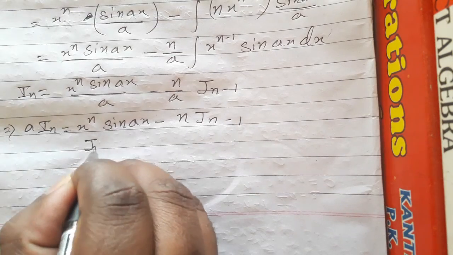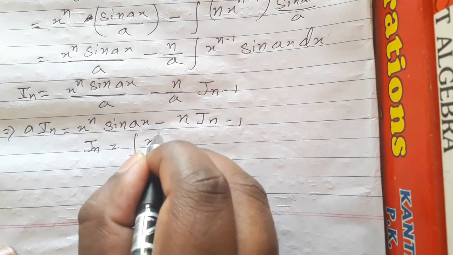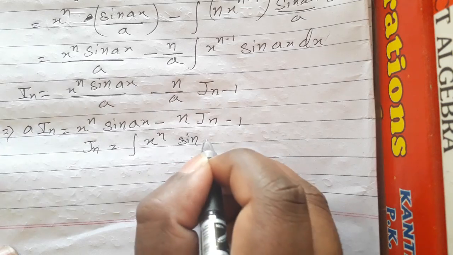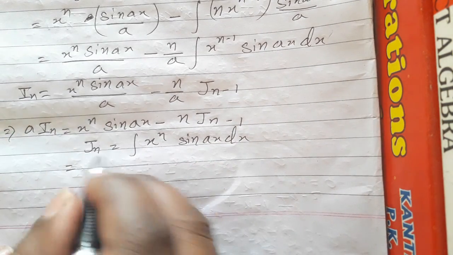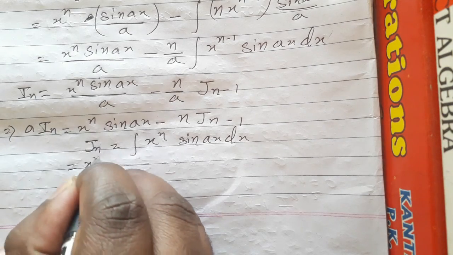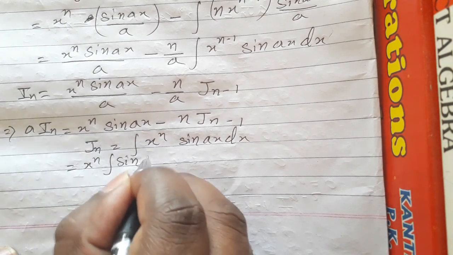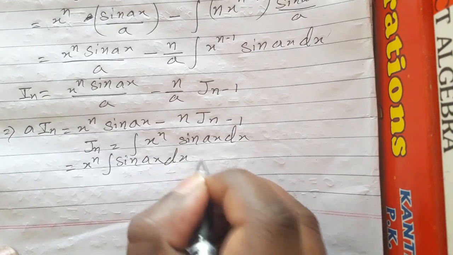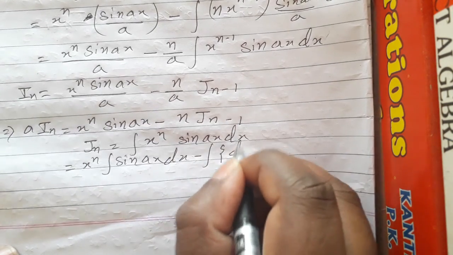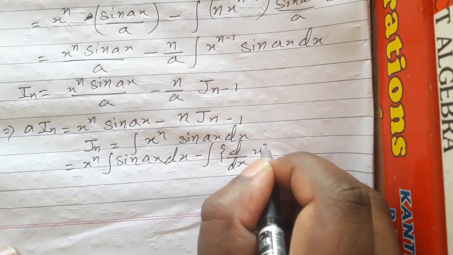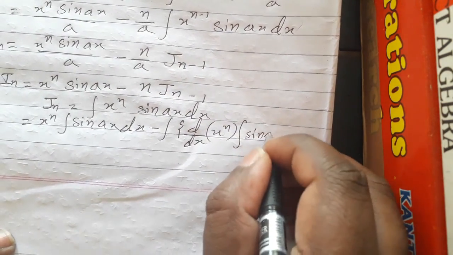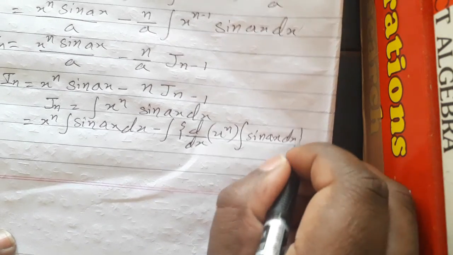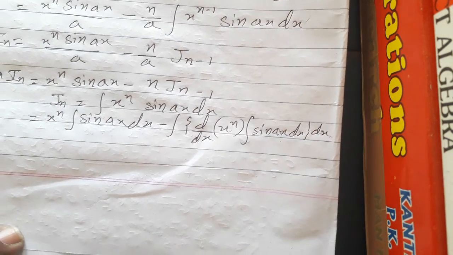Okay, and for Roman 2, if I take this as J_n equal to the integral of x^n sine ax dx. Okay, so I have this. I'll apply integration by parts here. So we have x^n times the integral of sine ax dx, minus the integral of d by dx of x^n times the integral of sine ax dx, into dx.